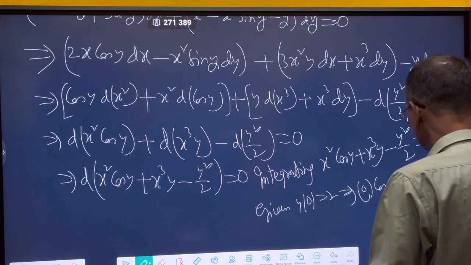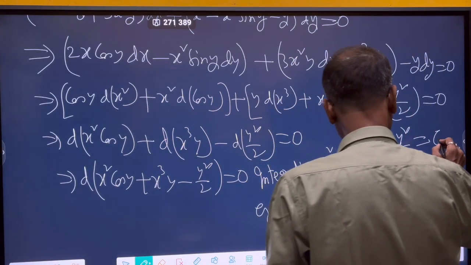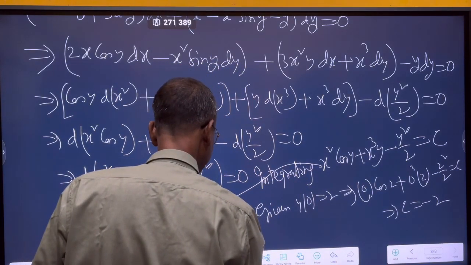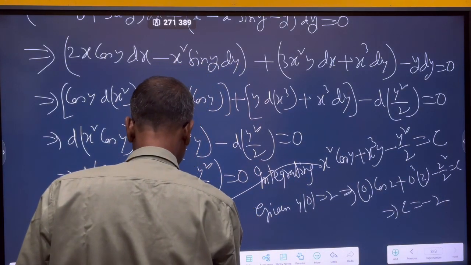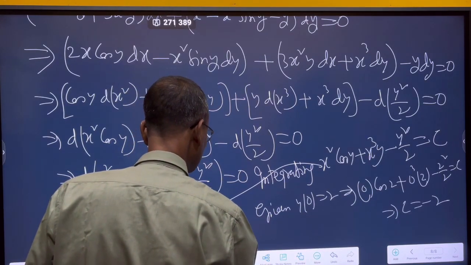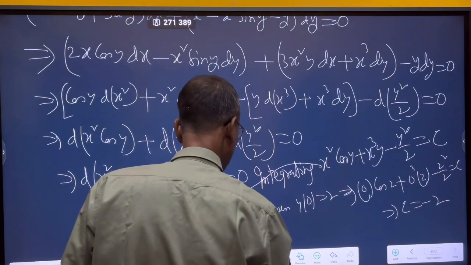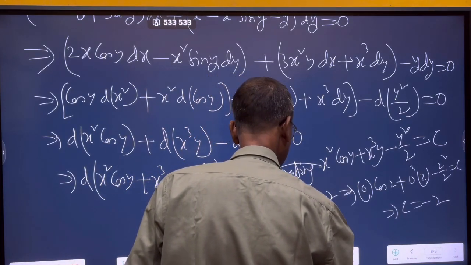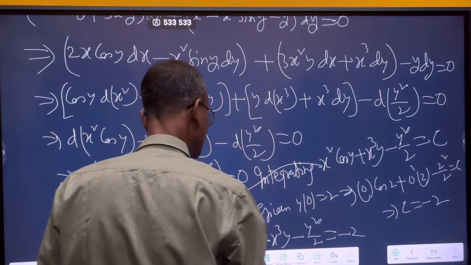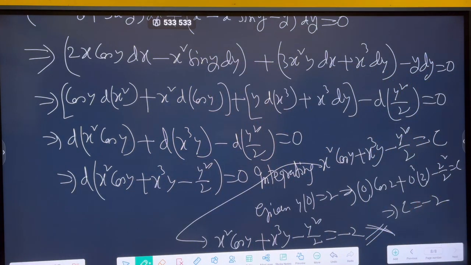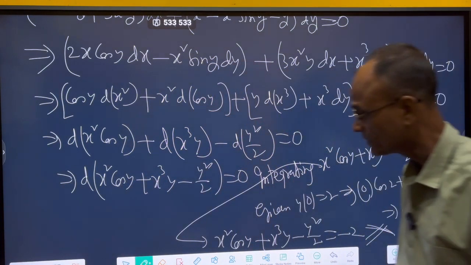This means c is equal to minus 2. Therefore, from this you will get x square cos y plus x cube y minus y square by 2 equal to minus 2. This is the solution of the given differential equation.